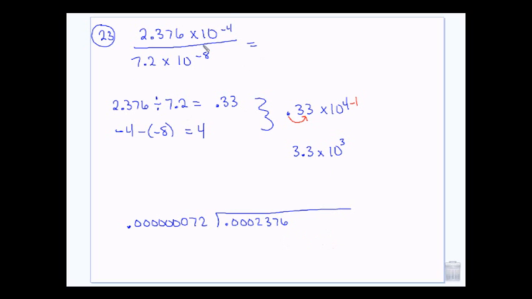That's what scientific notation makes nice. -4 minus -8 equals 4. So whenever you're dividing, when you multiply, you add the exponents. When you divide, you subtract them. I thought it was just -4 plus -8. Nope, that's when you multiply. If I multiplied these two, it would be -4 plus -8. But right now I'm subtracting. When you multiply, you add. When you divide, you subtract.